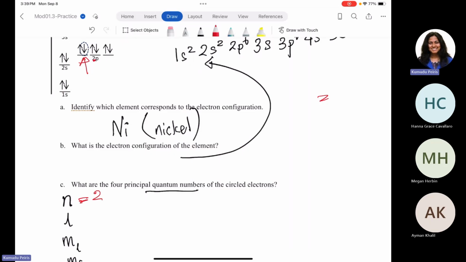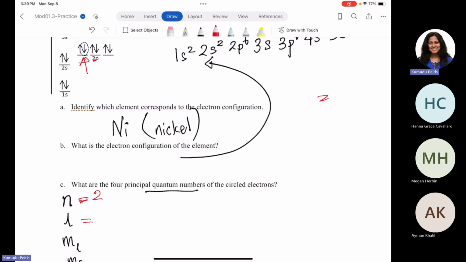L is the orbital, the shape of the orbital.